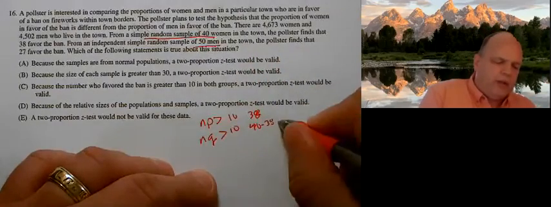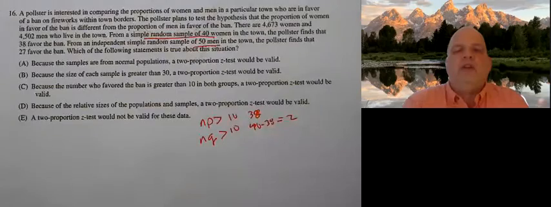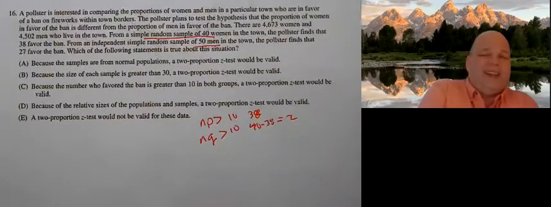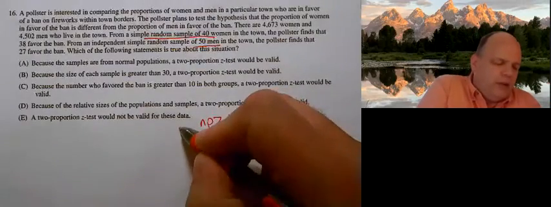And so that means 40 minus 38 is 2. So we don't have an NQ greater than 10. So consequently, this is not going to work out. This is just looking at the women's side of things.